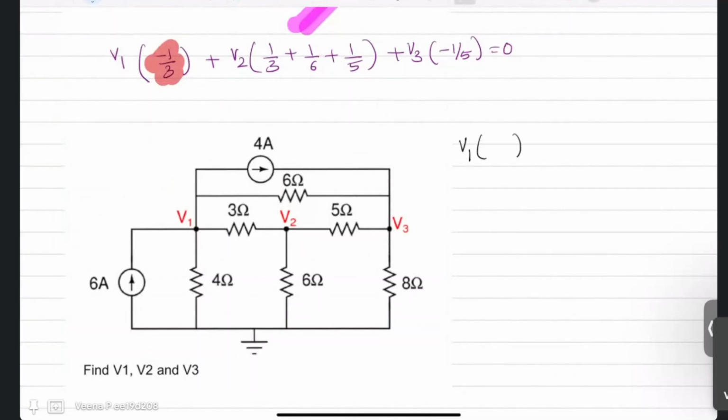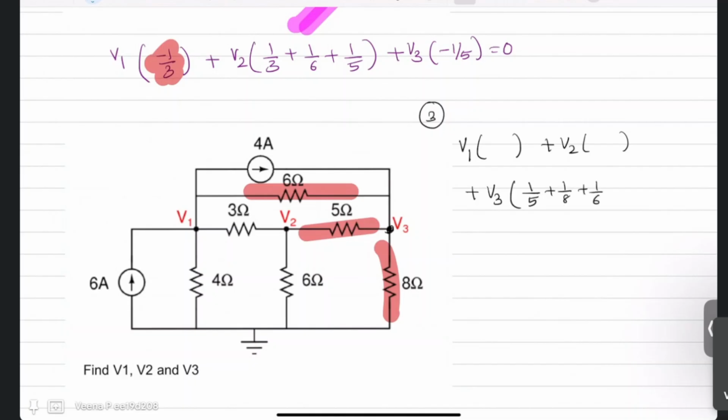So V1 will have coefficients, V2 will have coefficients. Similarly, the coefficient of V3: this is your node 3. The admittances connected to node 3 are 5, 8 and 6. That means it will have the coefficient 1 by 5 plus 1 by 8 plus 1 by 6.